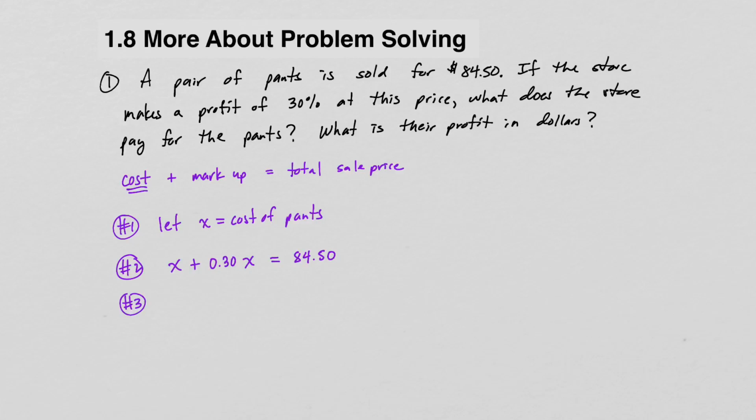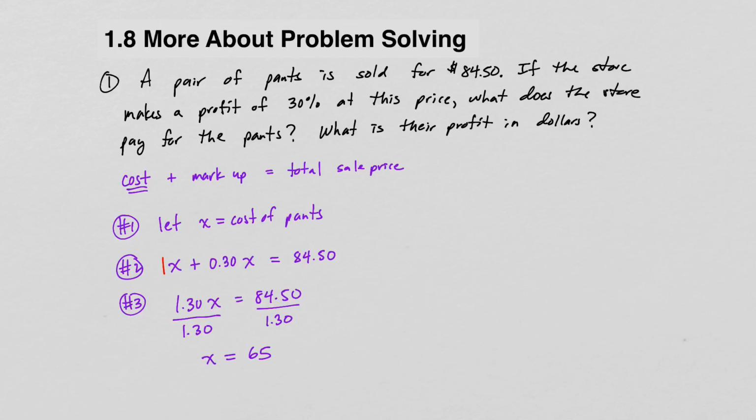So in step number 3, let's make sure we take note of the fact that x is the same as 1x. So 1x plus 0.30x is 1.30x equals 84.50. And then we just divide by 1.30. And this gives us x is equal to 65.